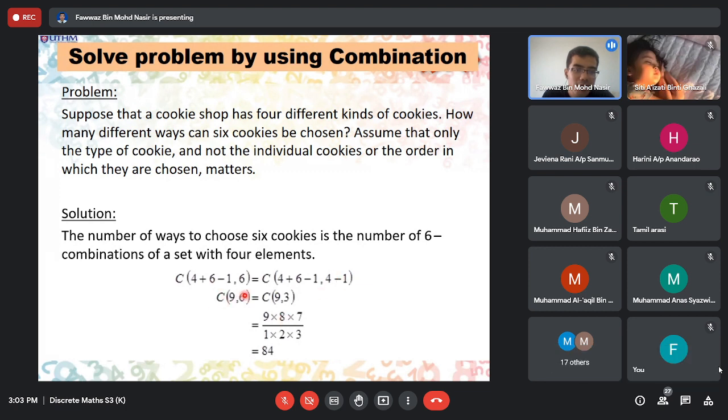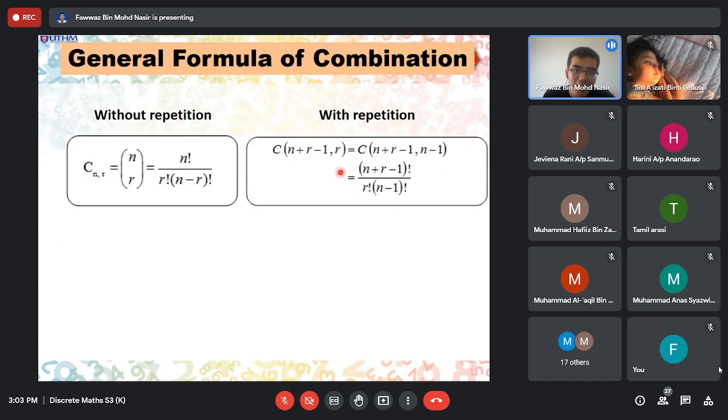So you get 9C6 equals to 9C3. Okay, then you substitute nilai-nilai itu ke dalam part yang bawah ni kan. Okay, part yang fraction tadi. Sebab kita punya formula tadi kita boleh sort of ada 2 parts kan. Dia ada part yang atas ni dengan part yang fraction ni.